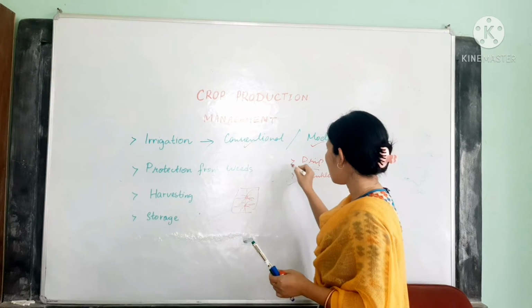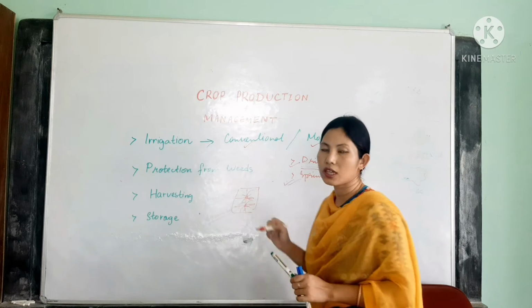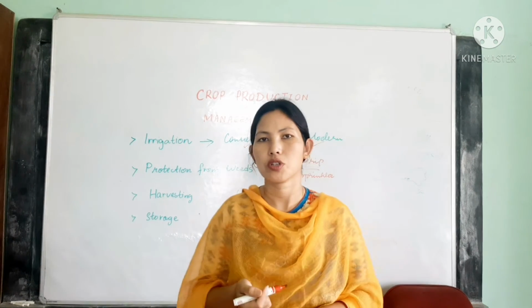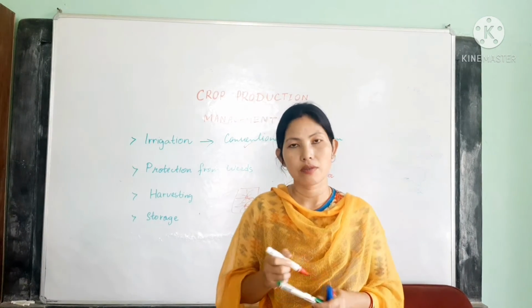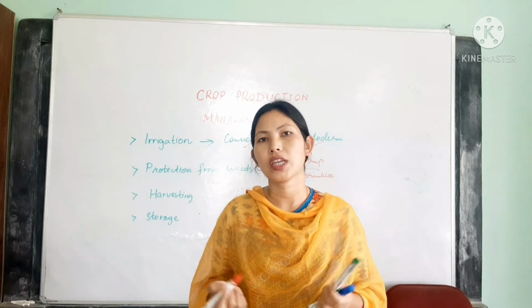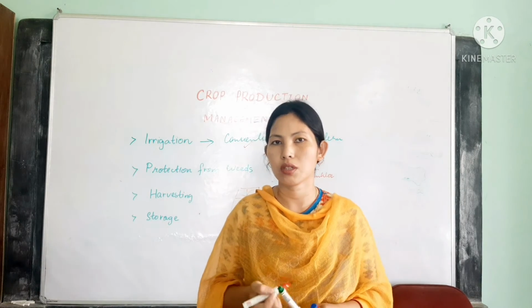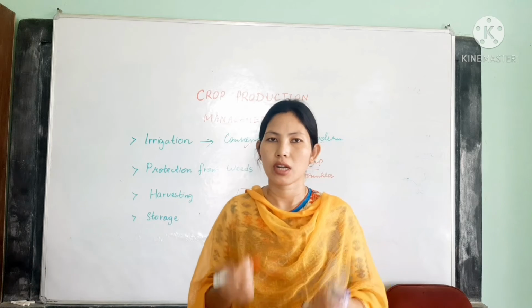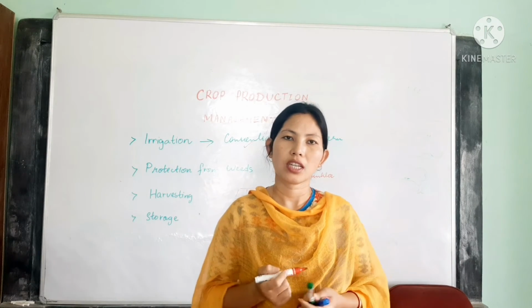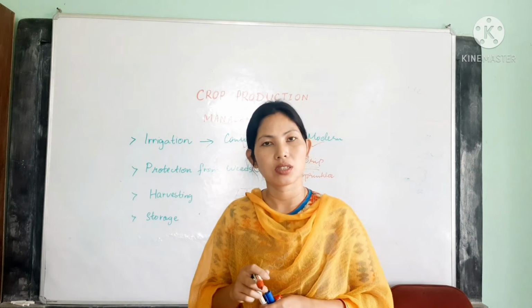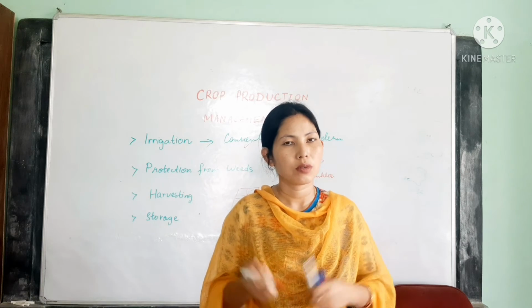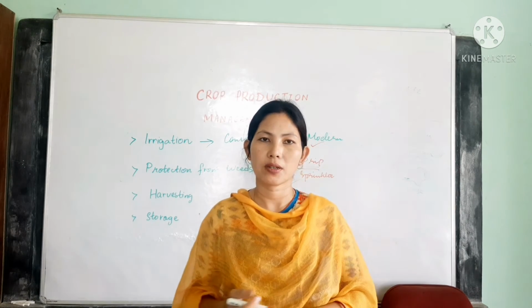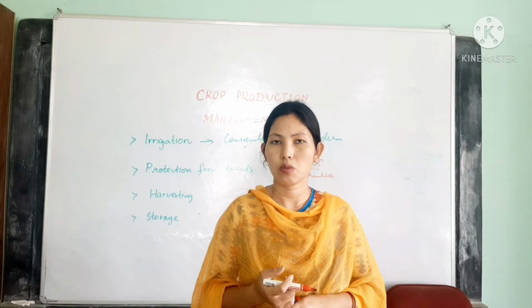In this way, both the drip irrigation system and the sprinkler method help in the conservation of water. These methods are very effective in places where there is scarcity of water, or lack of rainfall. So in those areas we can use the drip irrigation system as well as the sprinkler system, as it will help in conserving water.